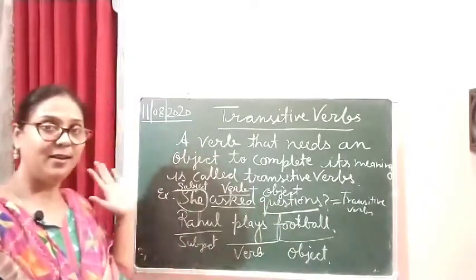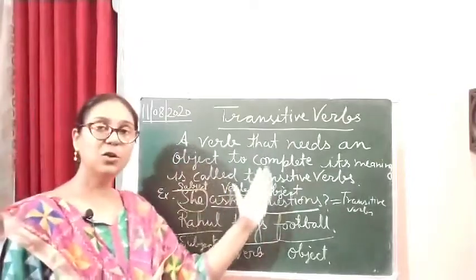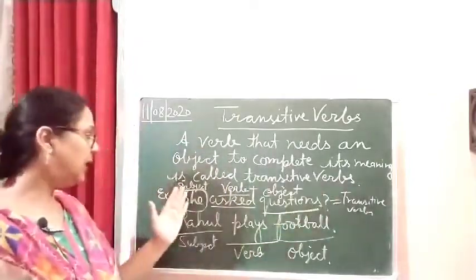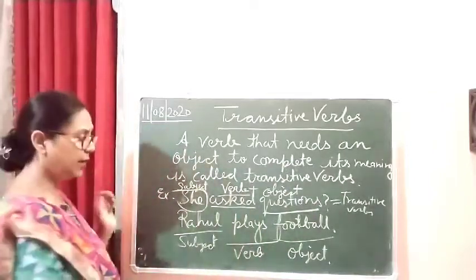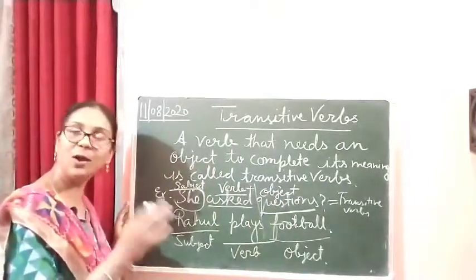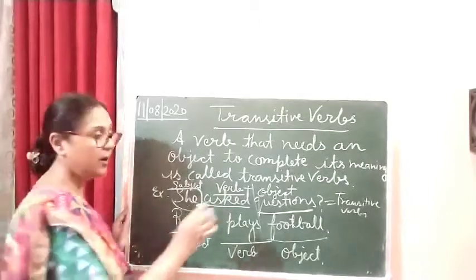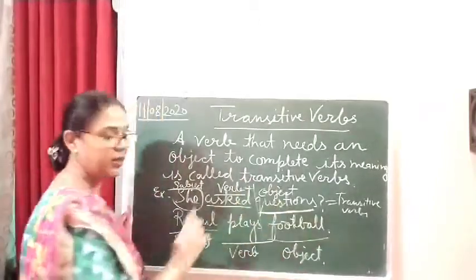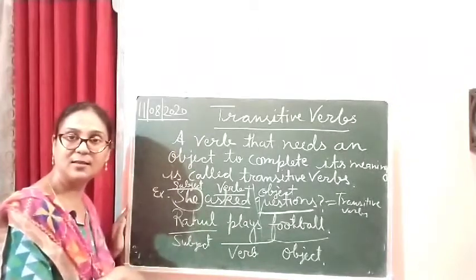So a verb that needs an object to complete its meaning is called transitive verb. If I write over here only, she asked. What did she ask? You are not able to understand what she asked. If I do not write this word question, you are not able to understand what she asked.